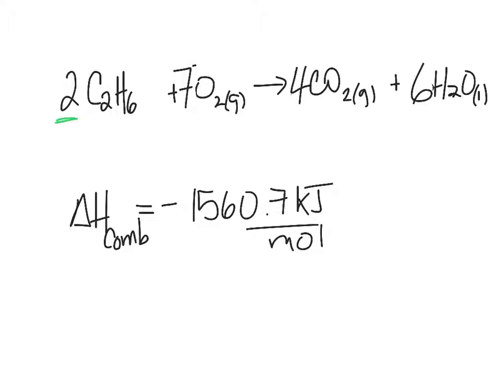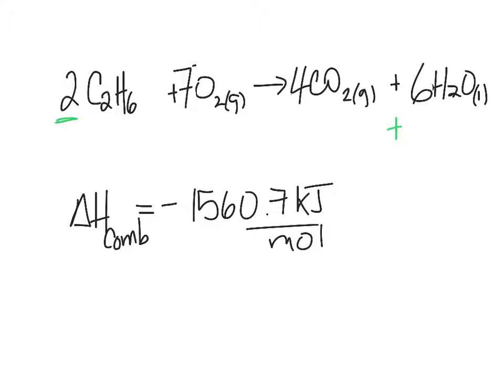That coefficient of 2 says in this chemical equation 2 moles of ethane react with 7 moles of oxygen to produce 4 moles of CO2 and 6 moles of liquid water. So we also have to double our energy.